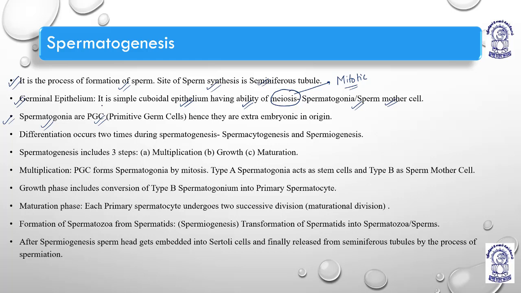The moment extra embryonic mesoderm is formed, it will give rise to the primitive or primordial germ cells. So if somebody asks what a primitive or primordial germ cell is, you can just write that they are formed by the extra embryonic mesoderm, and they will give rise to sperm, they are the sperm mother cells, right?